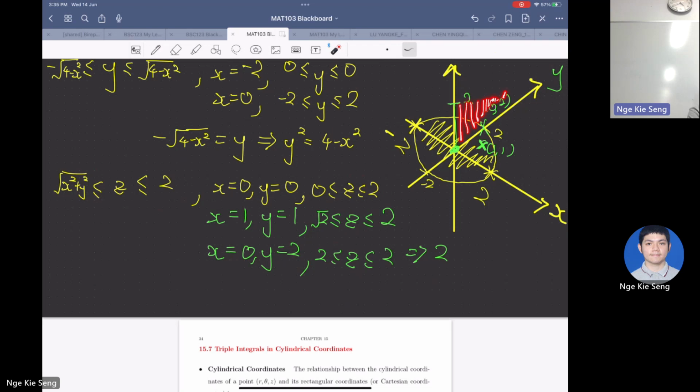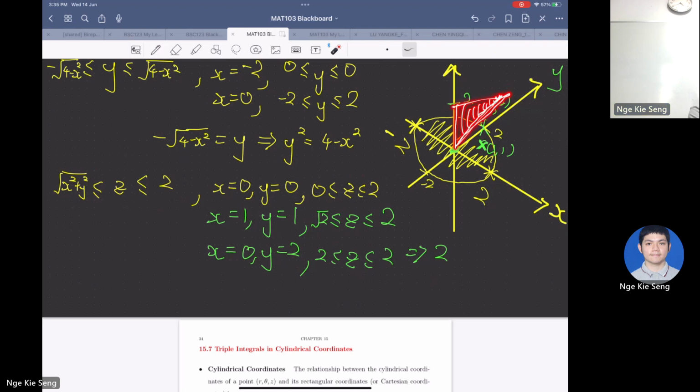Okay, so what's this shape here? Sector. Higher level sector, maybe. You need the 3-dimensional shape of this.